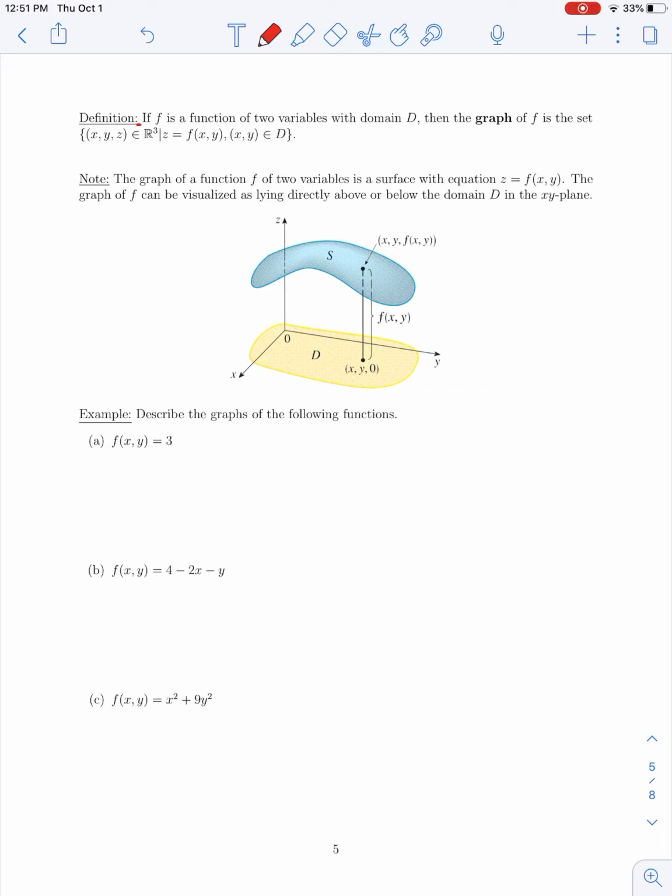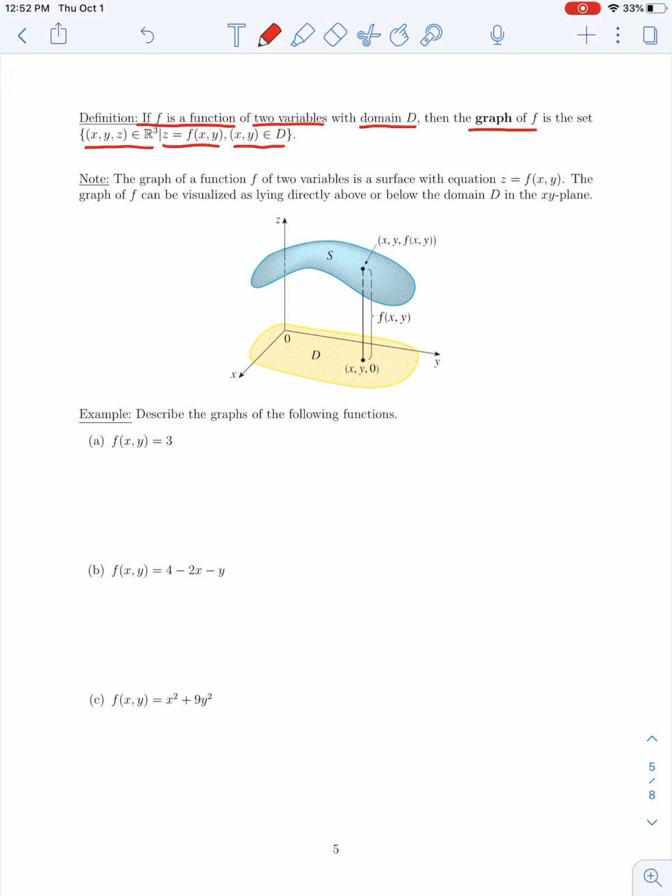So here, suppose that f is a function of two variables, say x and y, whose domain is a set D. Then we would define the graph of this function f as the set of all points x, y, z in 3 space, such that z, that is the z coordinate of that point, is the value of the function f at xy, where xy is a point within the domain of our function.